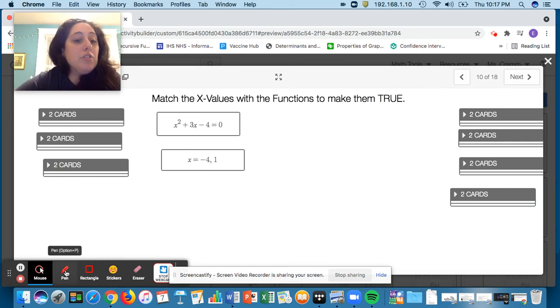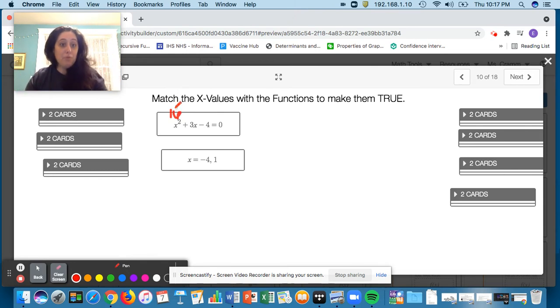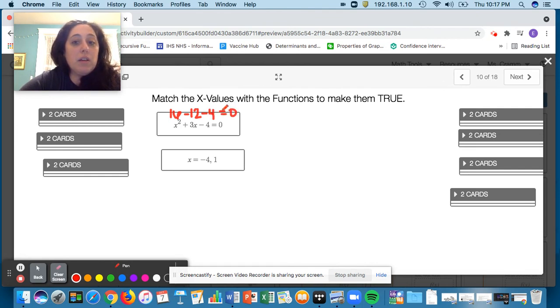Okay, so real quick, negative 4 squared is a positive 16. Negative 4 times negative 4 is a positive 16. Now, 3 times negative 4 is negative 12 minus 4, because that's just there, equals 0. Okay, so 16 minus 12 is 4, and 4 minus 4 is 0. All right, so that one, excellent.